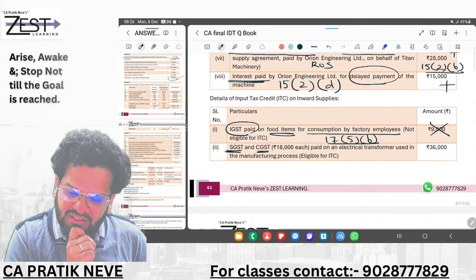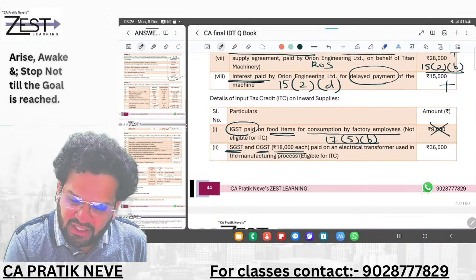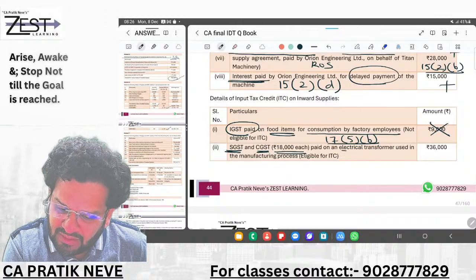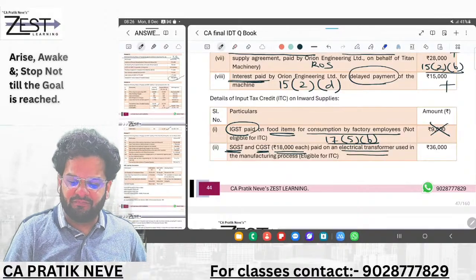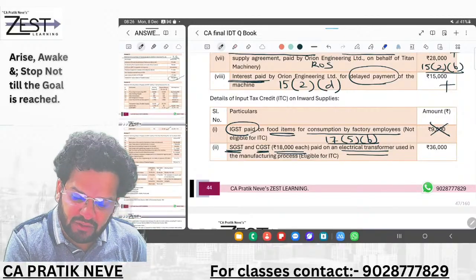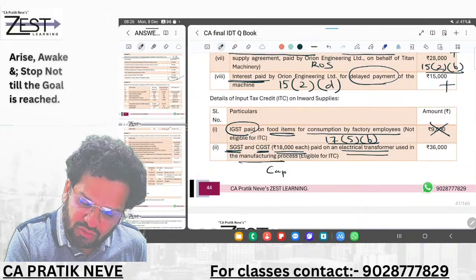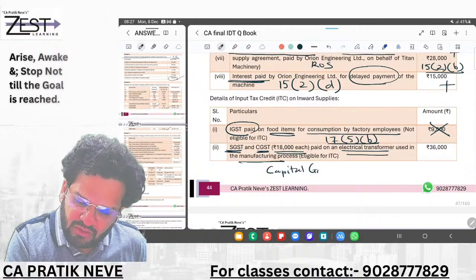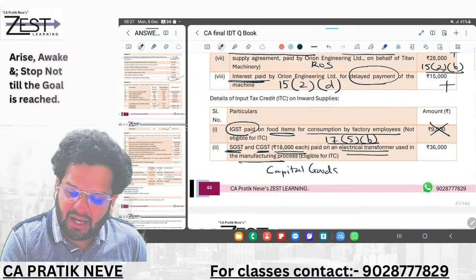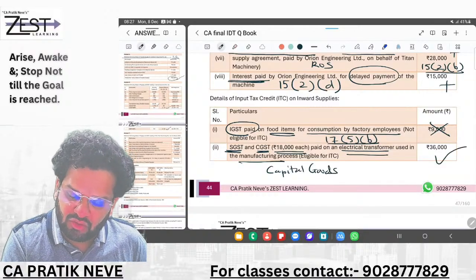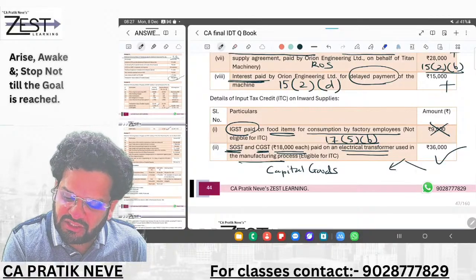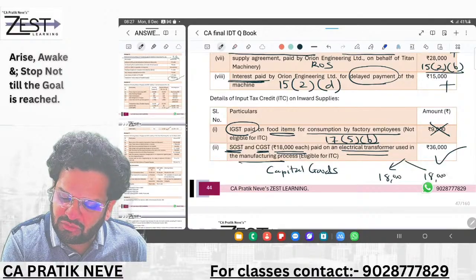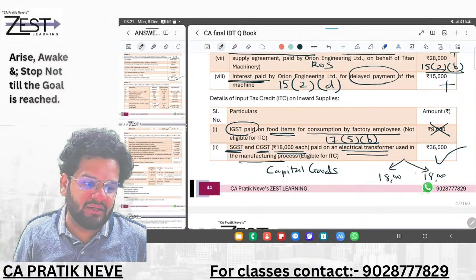SGST and CGST of 18,000 each paid on an electrical transformer used in the manufacturing process. Fantastic. So these are capital goods. On capital goods, ITC is allowed. So 18,000 of CGST and 18,000 of SGST, this much ITC you can take.